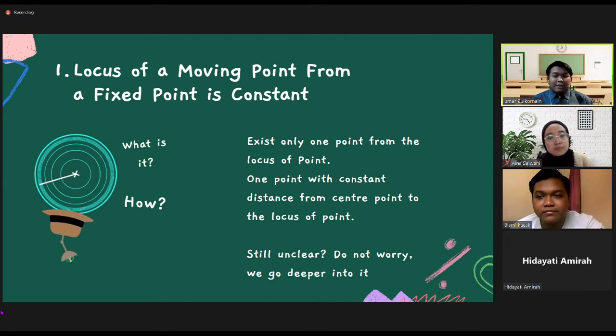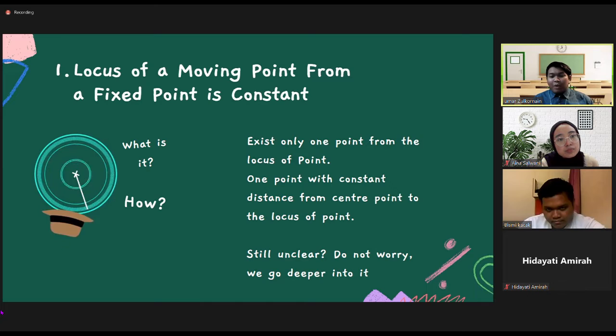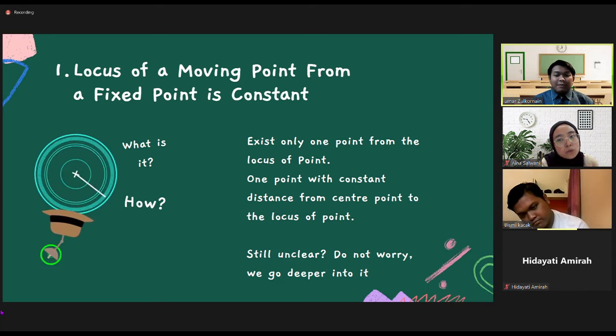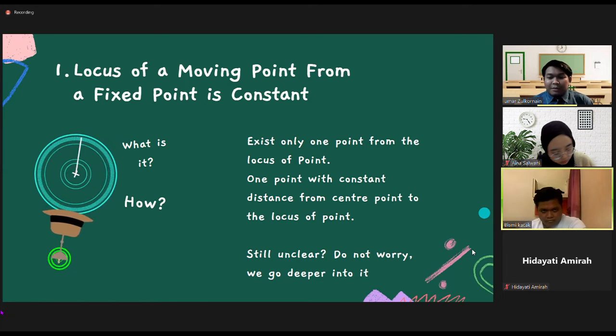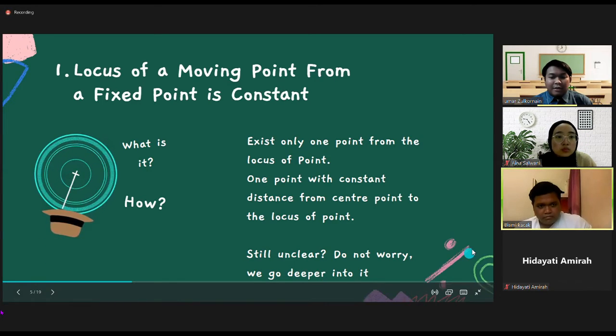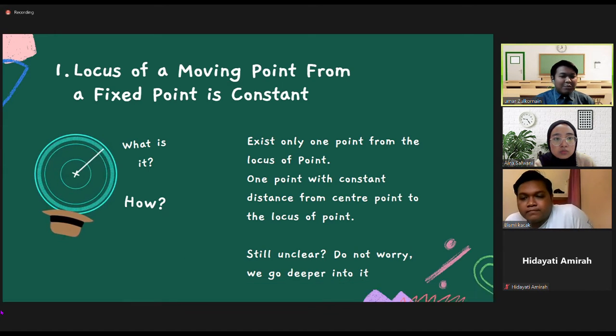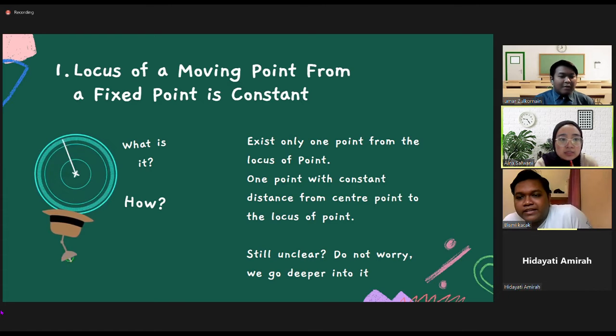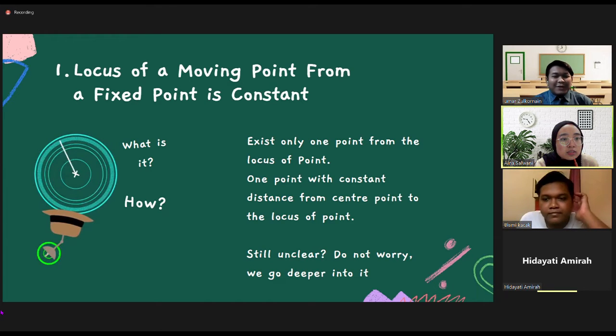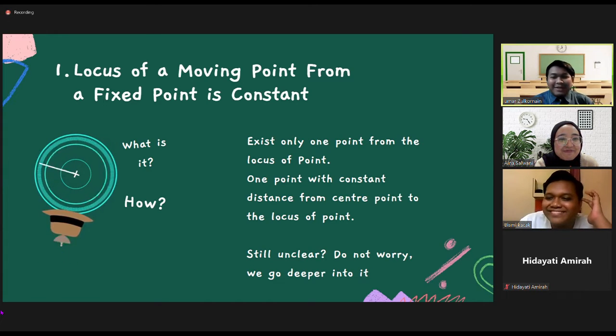It will form a circle. So that is why the concept of equation of locus for this first section is very similar to the concept of the radar. Do you get the concept, the ideas that I'm trying to explain? Yes, teacher. Very good.